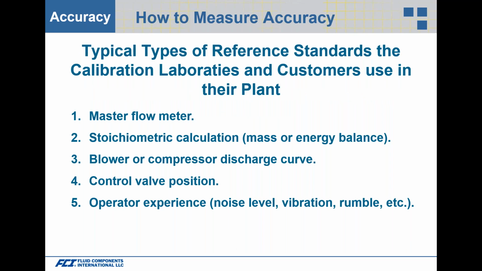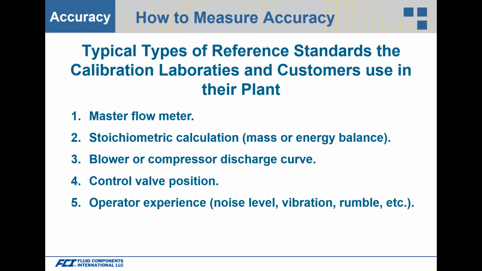And when we're talking about reference standards, typically in a laboratory or calibration facility, we're talking about using a master flow meter. This can be a DP meter, it can be a turbine meter. Typically, that's what's used in the calibration laboratory.